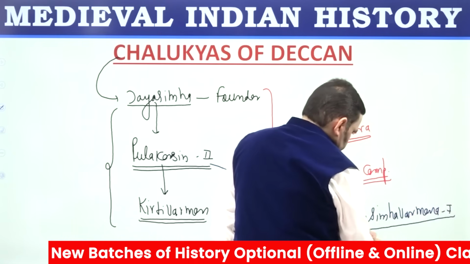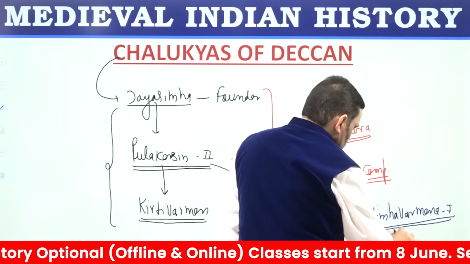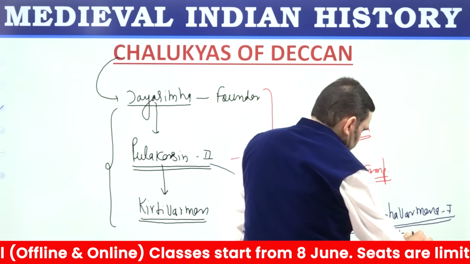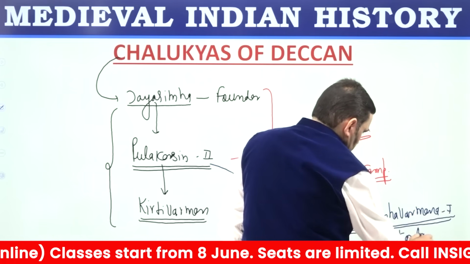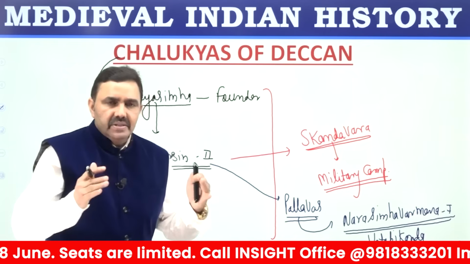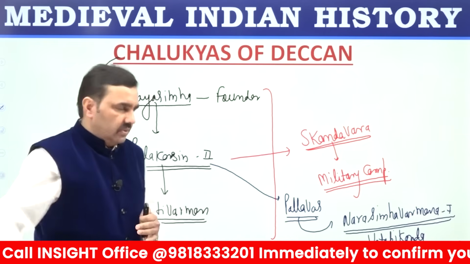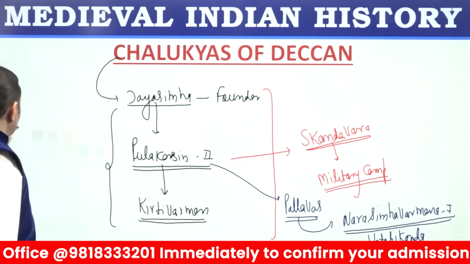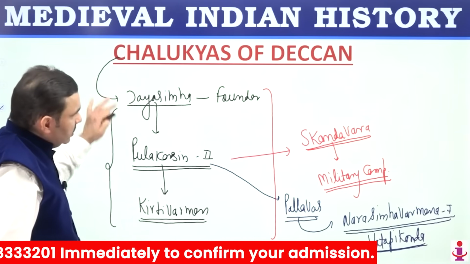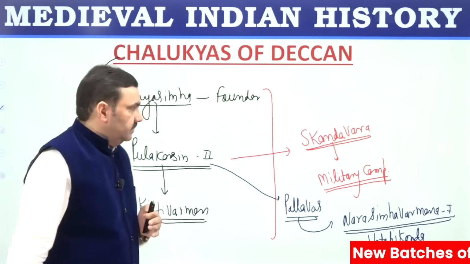So Narasimha Varman first, also known as Vatapi Konda. Vatapi was the capital of Chalukyas. Konda means conqueror. So Narasimha Varman first defeated Pulkesin II. It means as we move into the south, we find more and more powerful rulers. So that was the typical nature of Indian early medieval age.